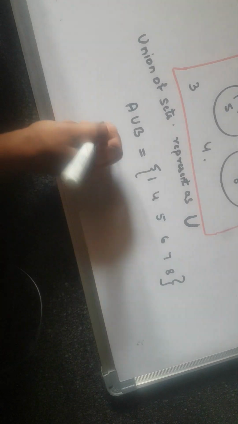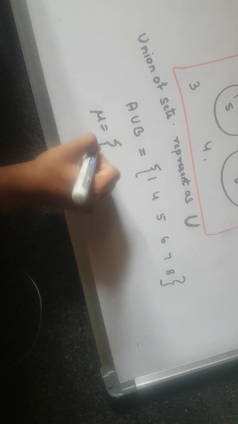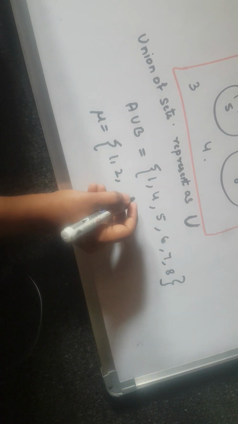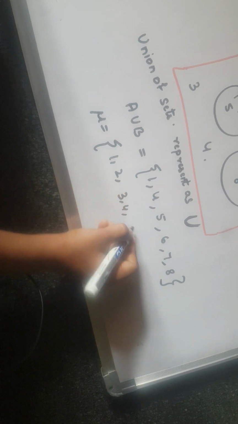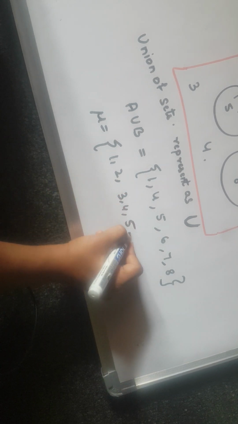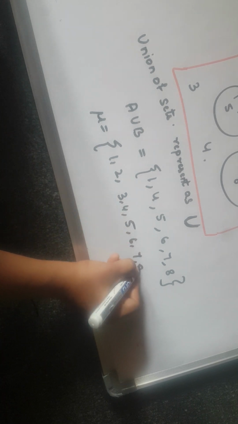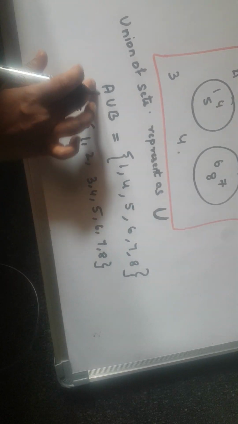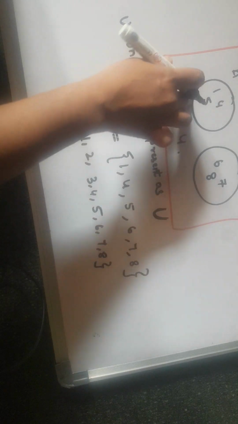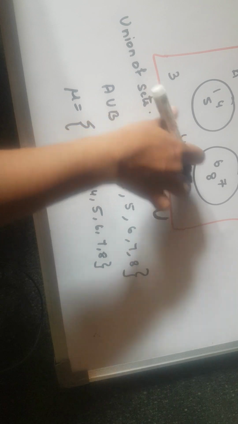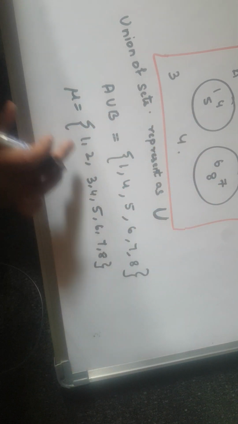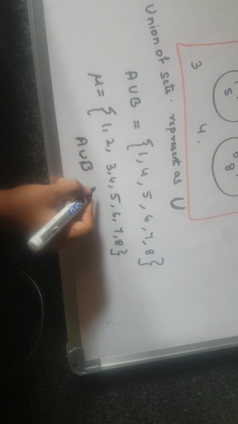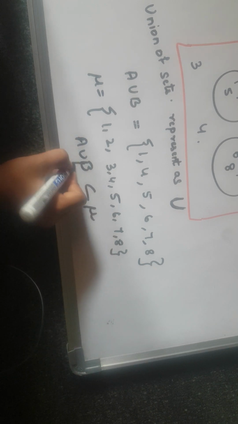In the universal set, what you have is 1, 2, 3, 4, 5, 6, 7, 8, separated with commas. In the universal set you have all these, but in A union B you are taking all the elements of A and all the elements of B, and these elements are a subset of the universal set.